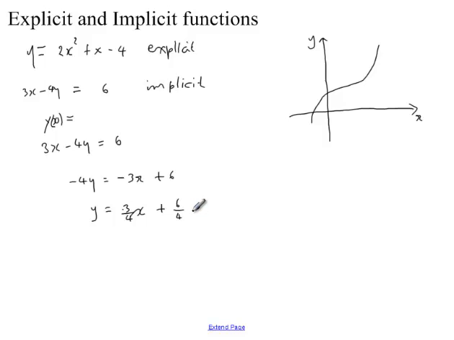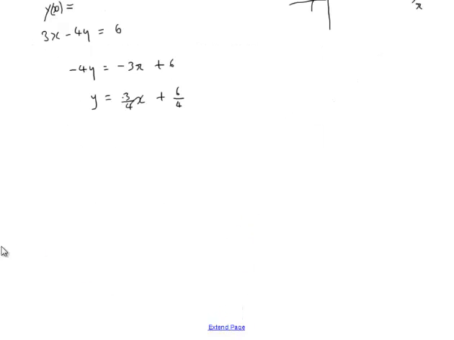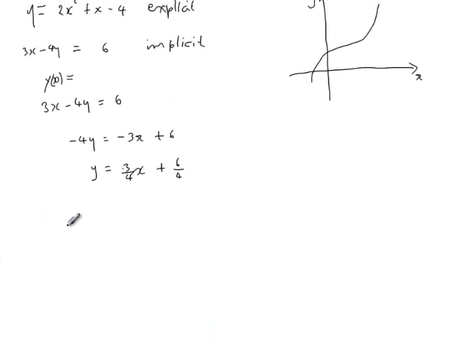So if all functions given implicitly could be taken to explicit form this way, there would be no need for this discussion. The problem is, we have situations where, let's say, you've got something like 3x plus y equals sine of y.